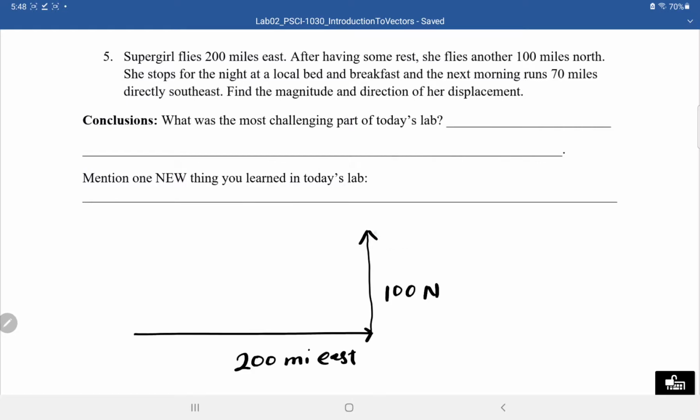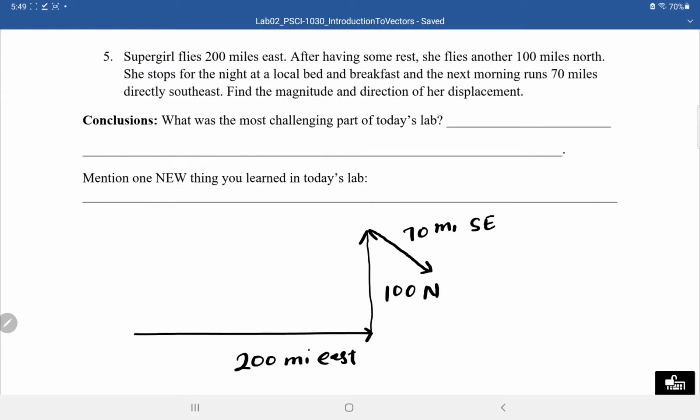That means 70 miles somewhere here. This is making a 45-degree angle with the horizontal line, so measure it and draw from here. So this is her final destination, and this one is 70 miles southeast.